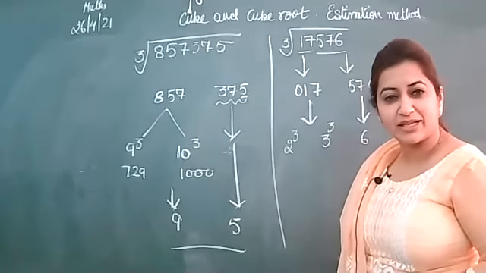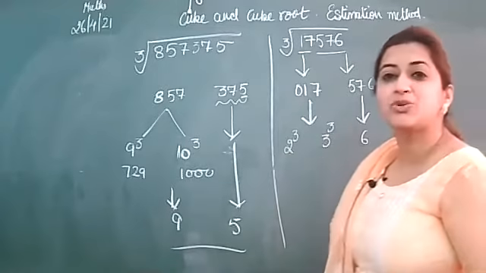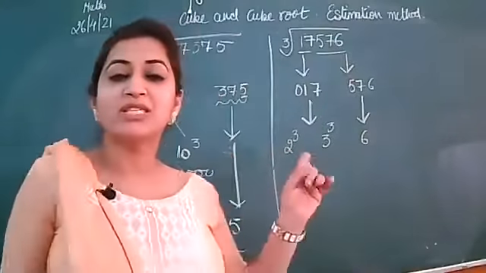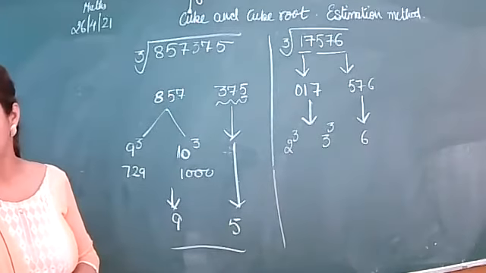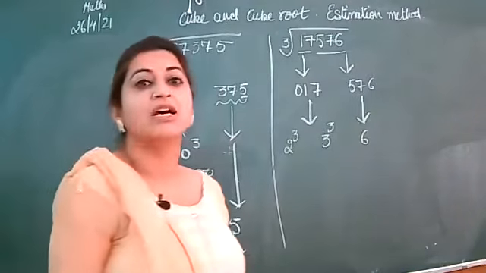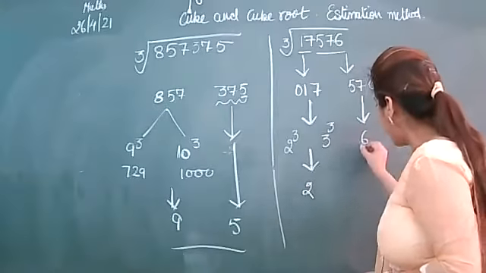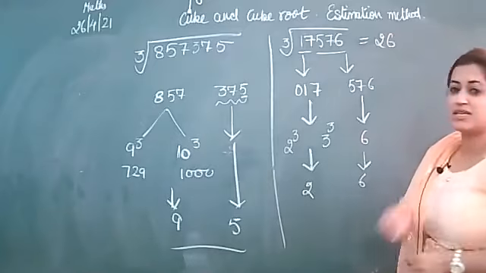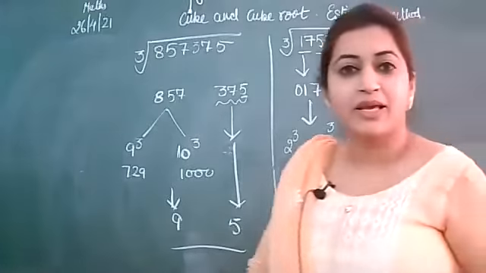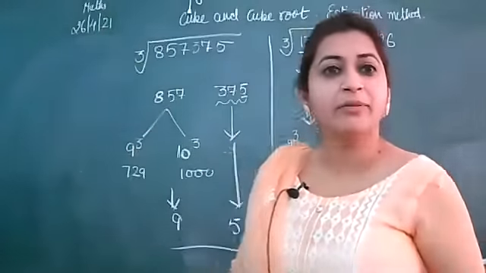I have written correct. 2 cube is 8 and 3 cube is 27. So which of these will you take? You will take the smaller one. So the answer of this is yes, you will take 2 and this is your 6. So the answer of this will become 26. Is it okay? Is it clear, beta?